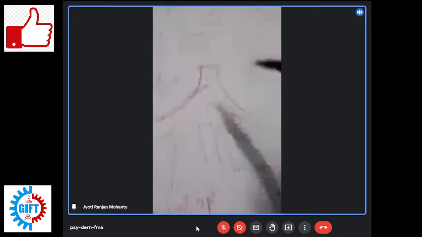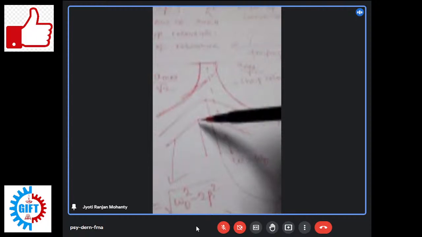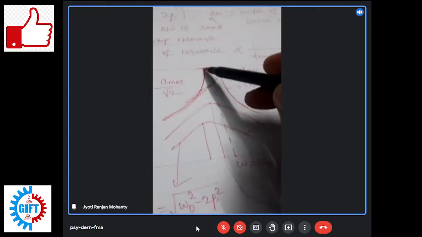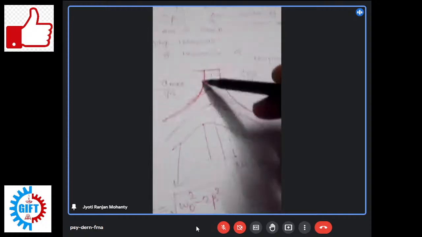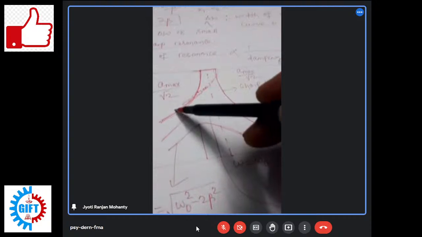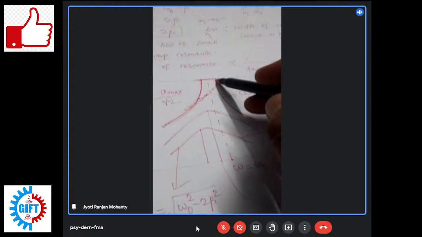Okay. Now the question is, we cannot discuss flat and moderate, since it is sharp resonance. As I said, the definition indicates the rate at which the amplitude falls. The amplitude will be maximum at resonance frequency.